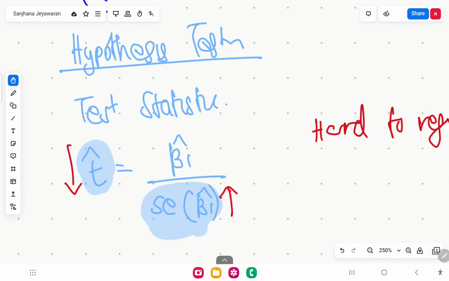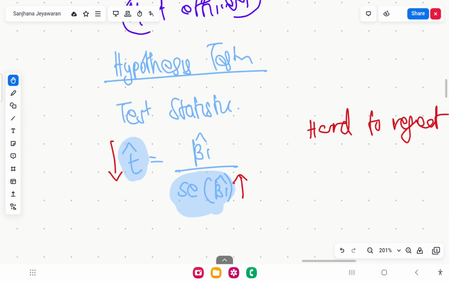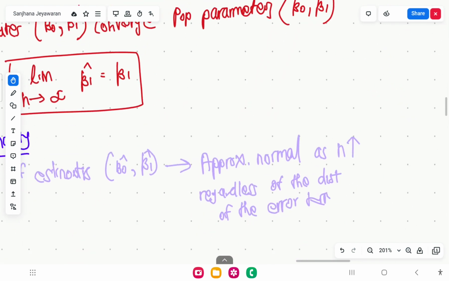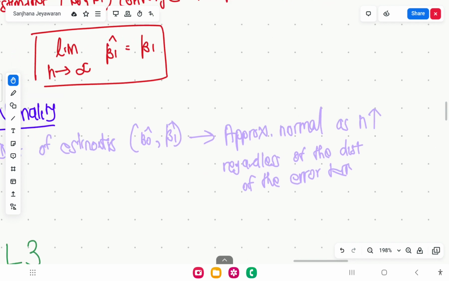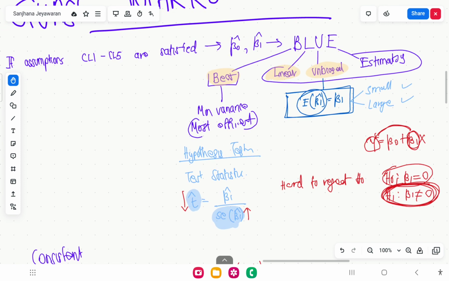Next is the part where it says best. So as I explained before, we have several methods to find out the value for beta naught and beta 1. We have OLS, MLE, MM, and so on.